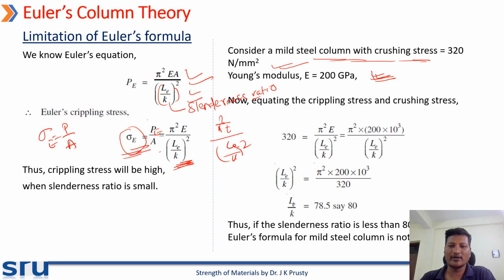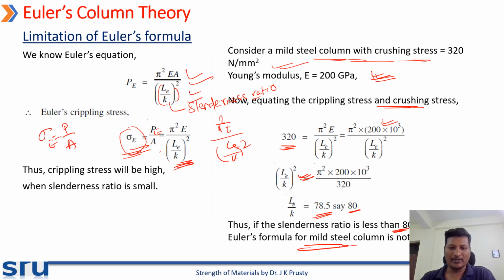Now the crushing stress is 320, and crushing stress is nothing but your crippling stress here. So pi square E by LE by K whole square. We put the value of E and we get LE by K equal to 78.5 or 80, which means if the slenderness ratio is less than 80, Euler's formula for this mild steel column is not valid.